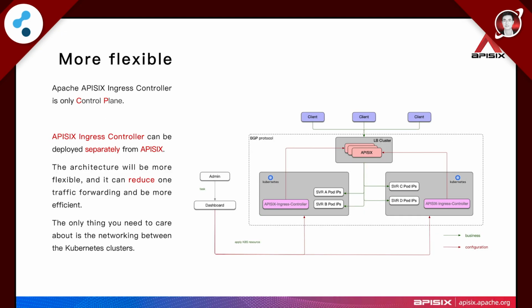You can also deploy them separately. This is awesome. As shown on the right, the APISIX cluster is deployed outside the Kubernetes clusters and can manage the traffic of multiple Kubernetes clusters. In this way, all resources are managed in a unified APISIX cluster, and it also reduces one traffic forwarding. The only thing you need to care about is the networking between the Kubernetes clusters.